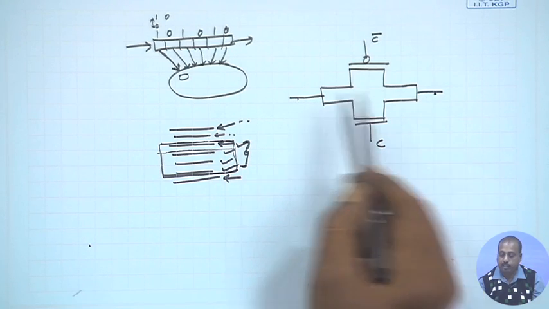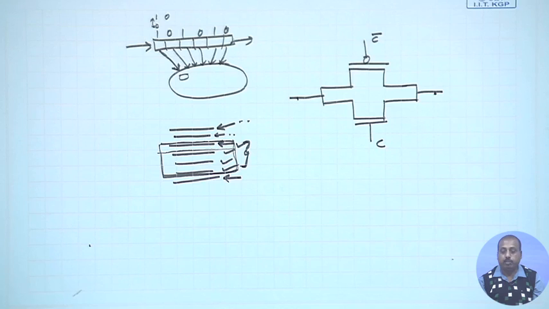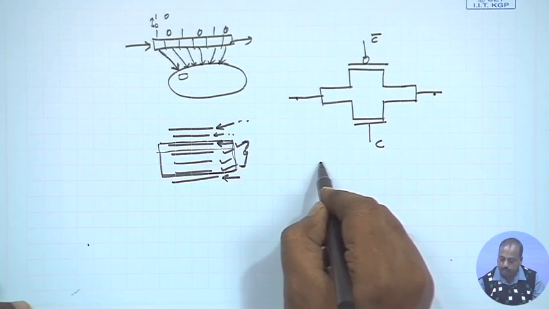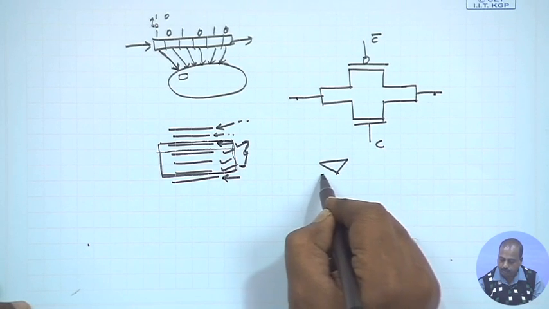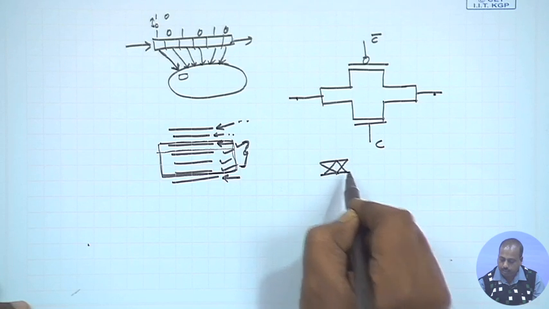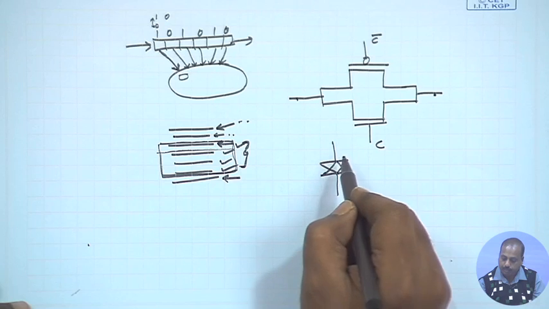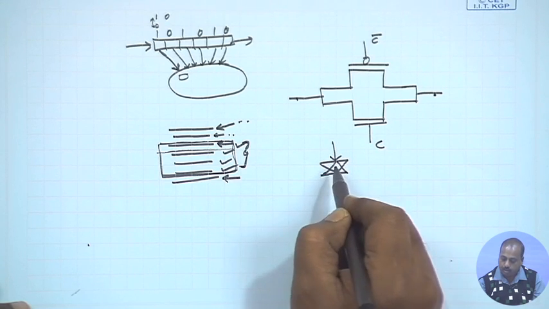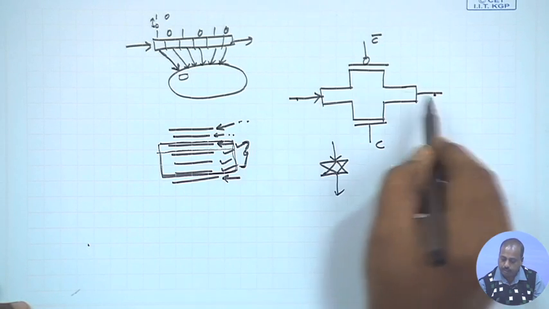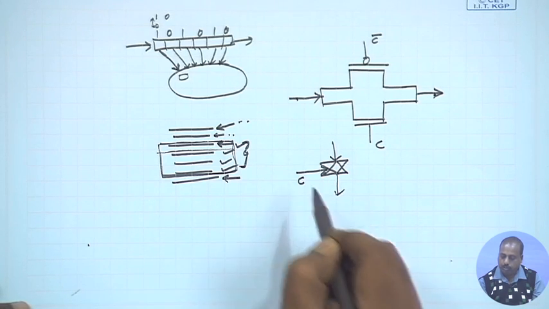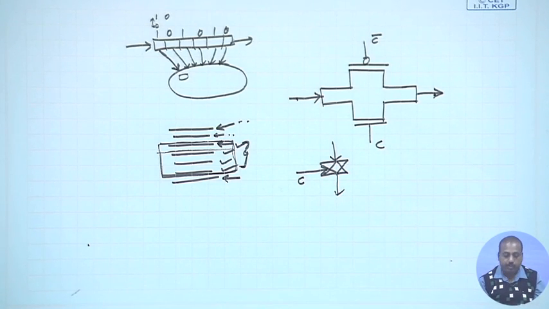Similarly, whatever value is here will be available on this point. That is why it is called a transmission gate. But if C is 0, then these two sides are not connected to each other. This is symbolically represented like this, the transmission gate. This is the input, this is the output, and here I have the control, which is the control C. Okay. So, this is the transmission gate.